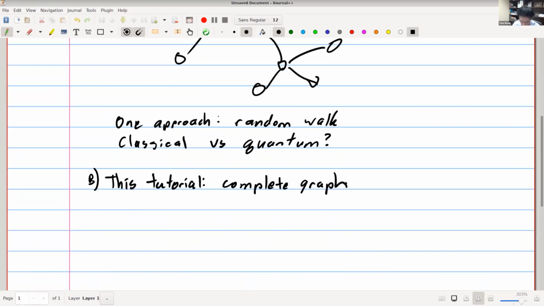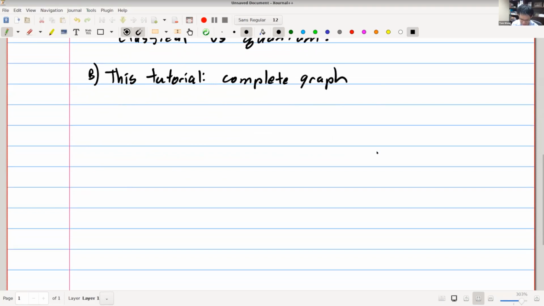The complete graph, or all-to-all network, is a graph where every vertex is adjacent to every other vertex. So every vertex is directly connected to every other one. Let's say we have 4 vertices, just so I'm not drawing a billion vertices. For the complete graph, every vertex is connected to every other.